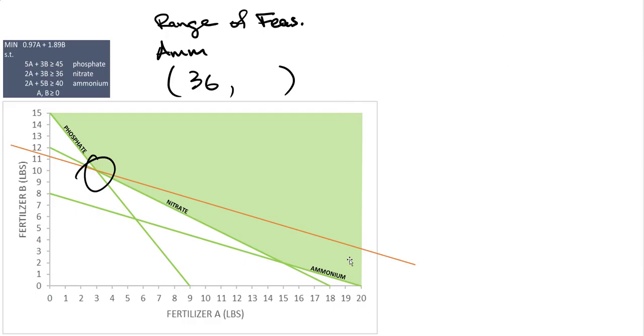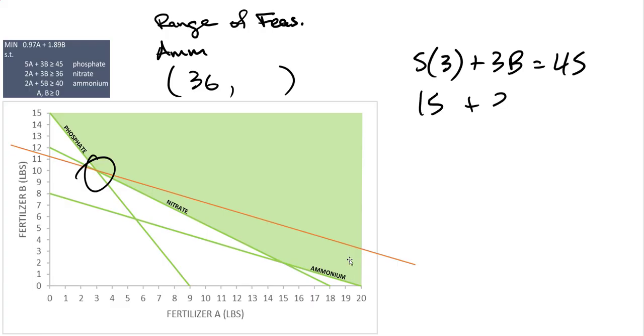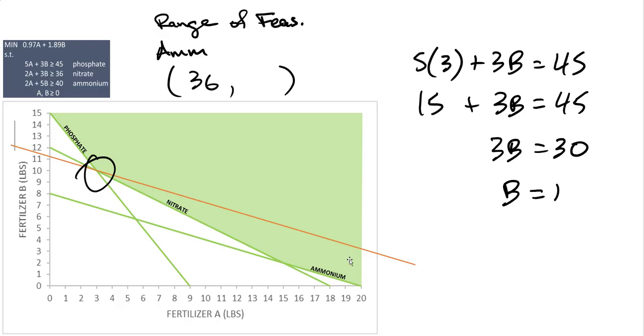So subbing in a equals 3 into the phosphate equation, we end up with 5 times 3 plus 3b is equal to 45, or 15 plus 3b is equal to 45. 3b is equal to 30, or b is equal to 10.